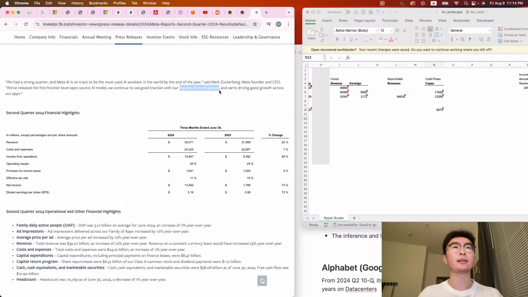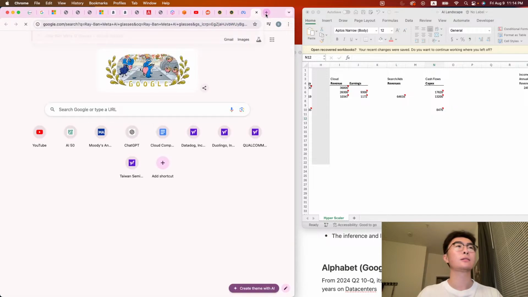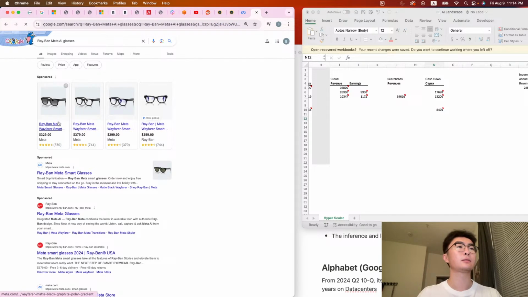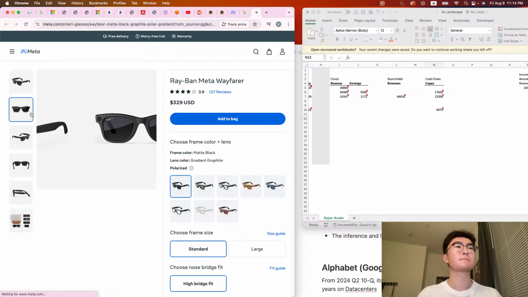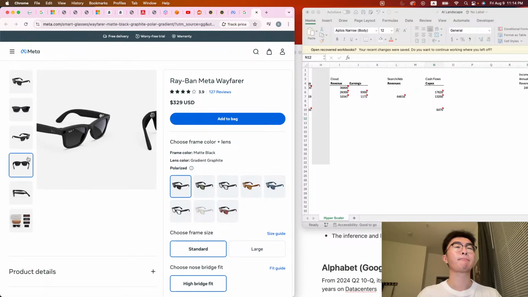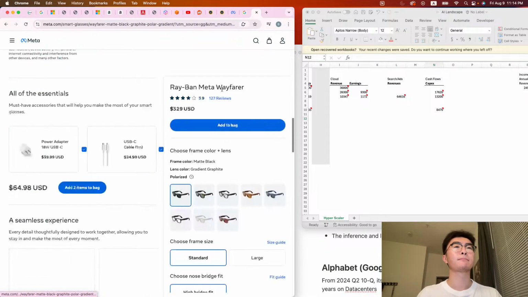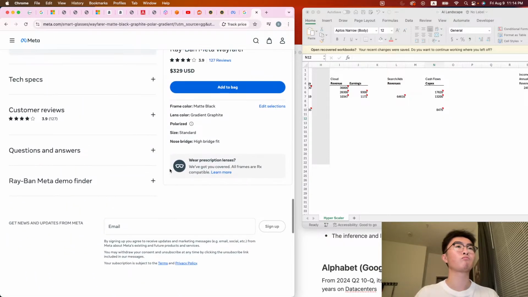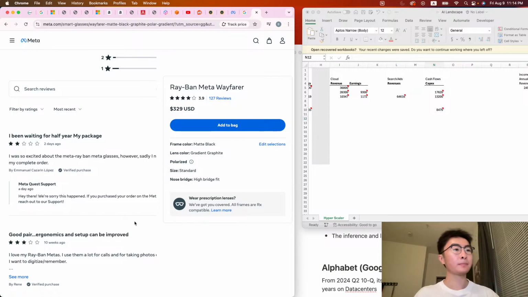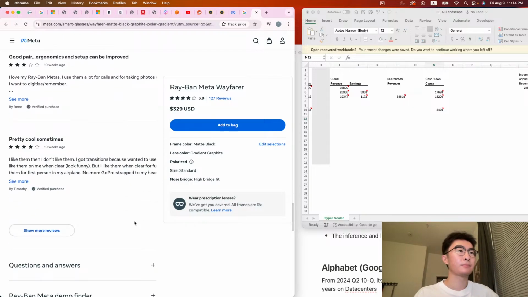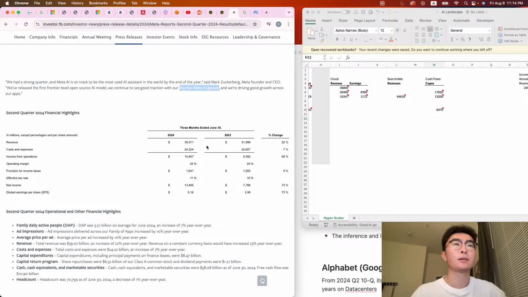Ray-Ban Meta AI glasses. Okay, that's cool.